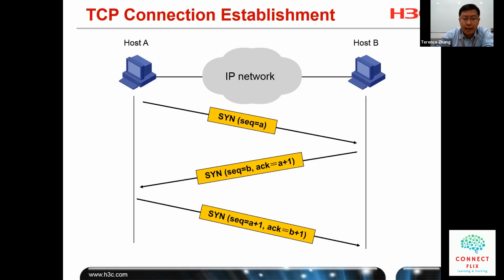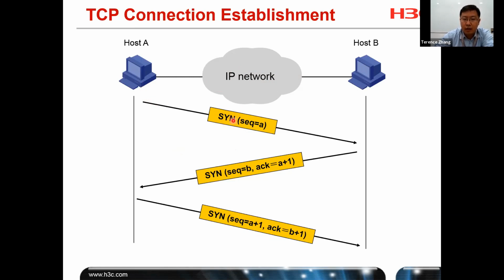For example, A and B have already found each other through the IP network. They already know the IP address, and they send the segment to build a TCP connection at first. So host A, positively, sends a TCP segment with the flag SYN.